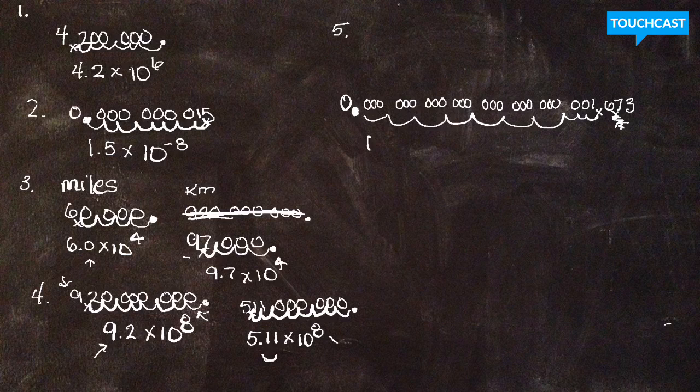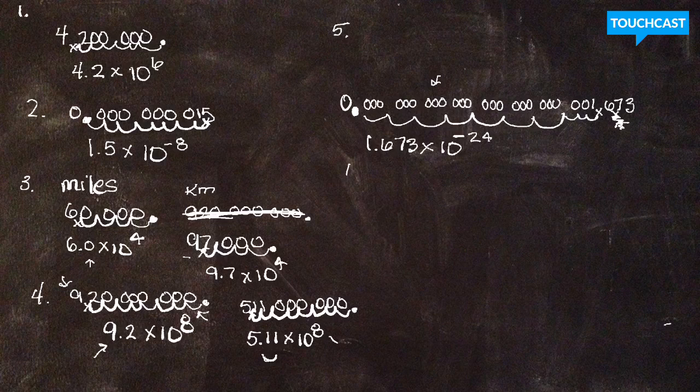So we have 1.673 times 10 to the 24th. Now we got to ask ourselves, do we have a really small number or a really big number? So we have a small number, so it's going to be negative 24. So hopefully you can see how grouping the 3s helped and then the bubbles helped.